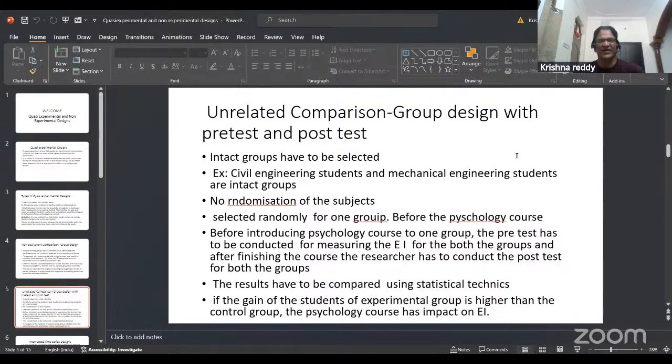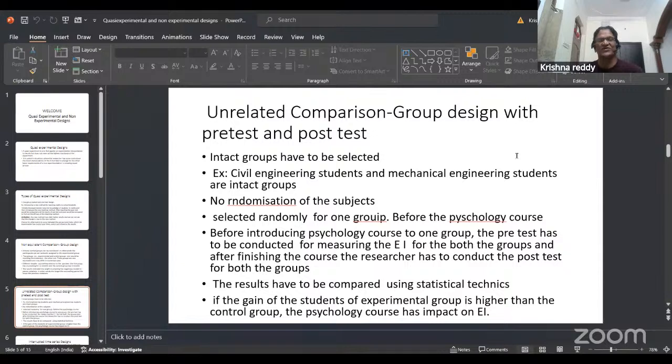Whoever comes for admission becomes a member of that particular group. So we find civil engineering students as one group and mechanical engineering students as the other group. We can call them intact groups. One group is selected before the psychology course, which they want to introduce.